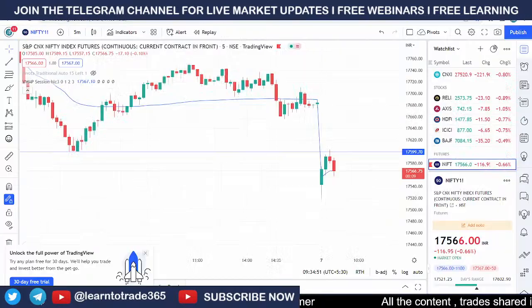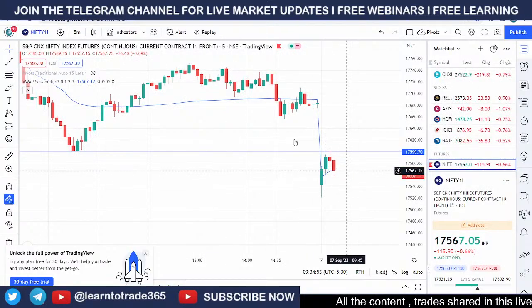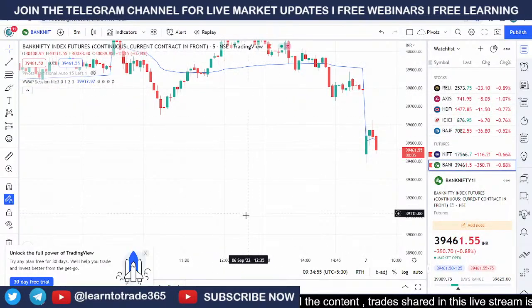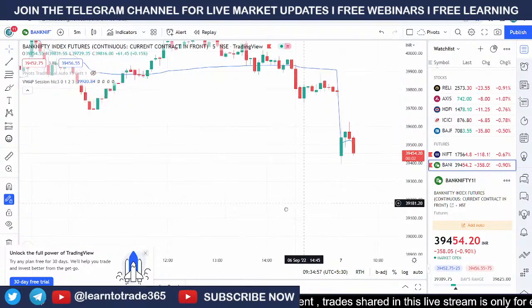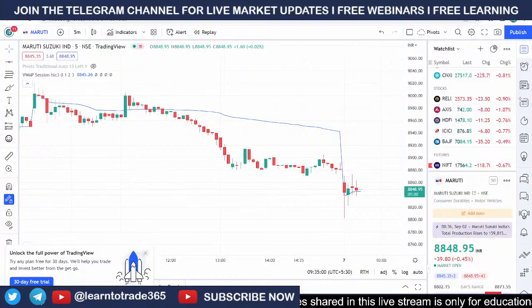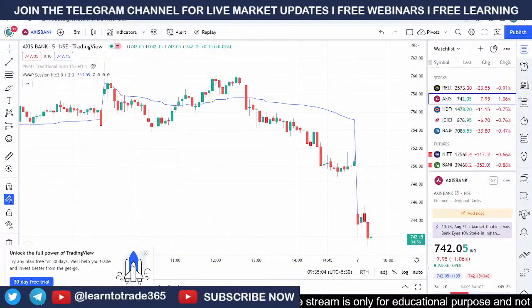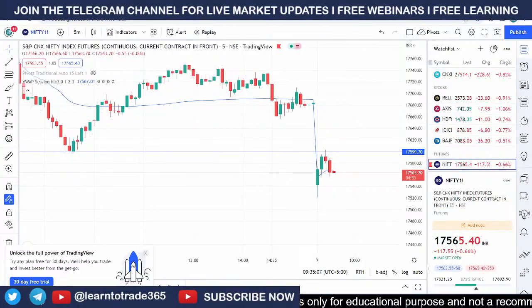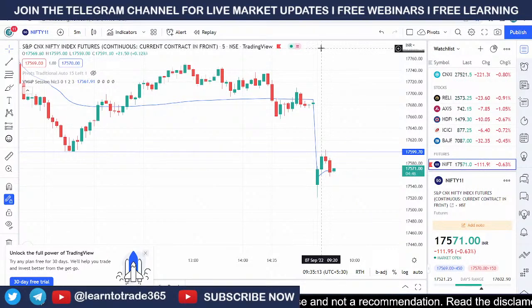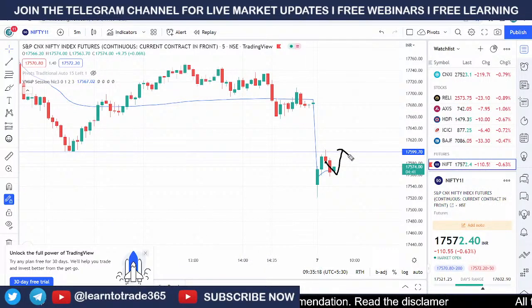Comparing Nifty and Bank Nifty, Nifty is still above VWAP, while Bank Nifty is comfortably trading below VWAP. Any good sign of rejection from this point, I'll use as an opportunity to plan my bullish trade on Nifty.